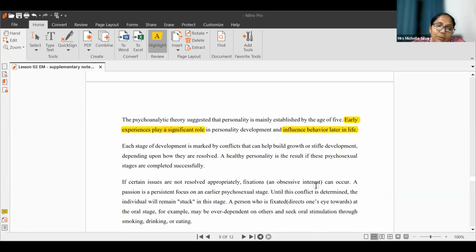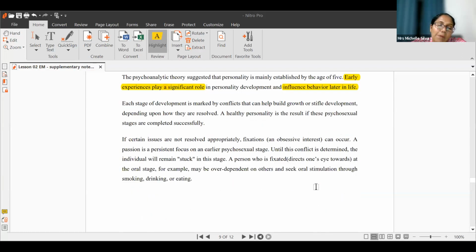Is it clear for you? Yes, ma'am. Yes, madam. Hello, I'm teaching you. Nafis, Takshila, Nihara, is it clear for you, what I am teaching right now?